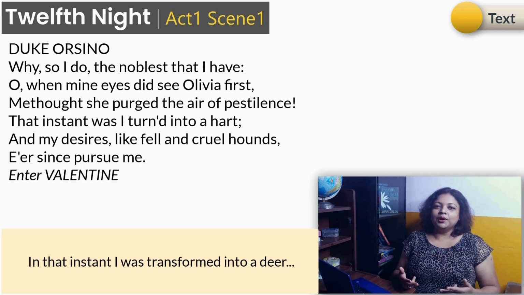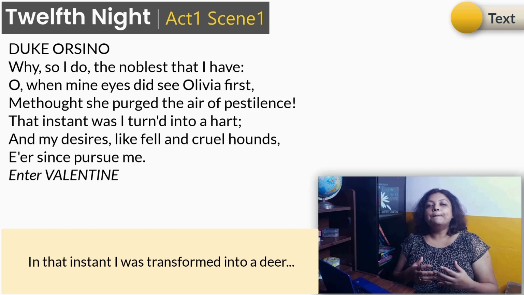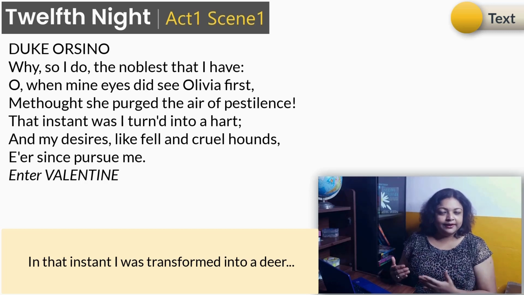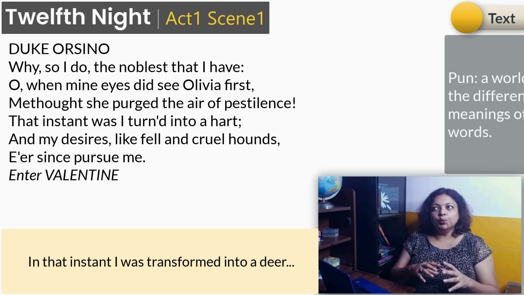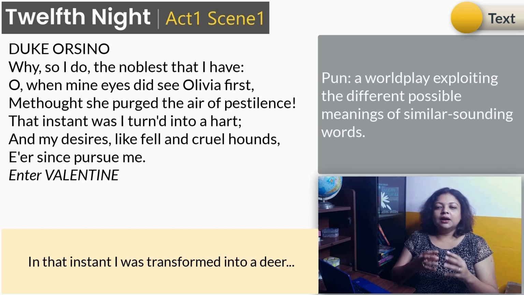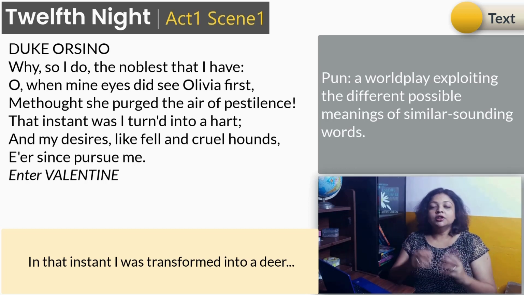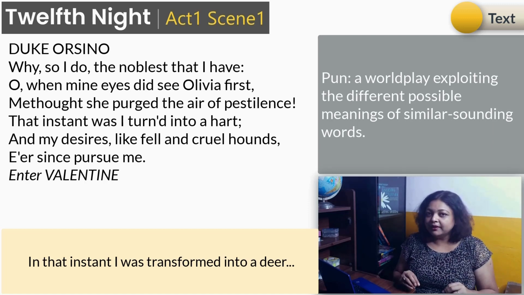So he is playing with words, and when Shakespeare does this, we know that he is very capable of using pun, P-U-N. Pun means when you play with words where a word may mean two different things, or two different words sound similar.